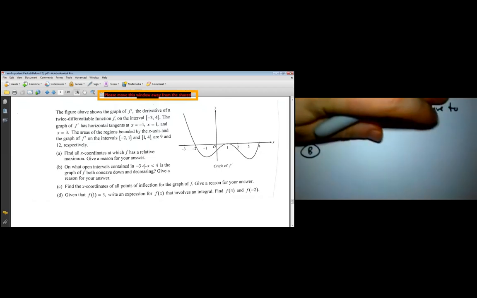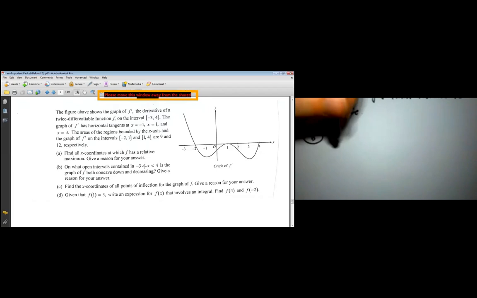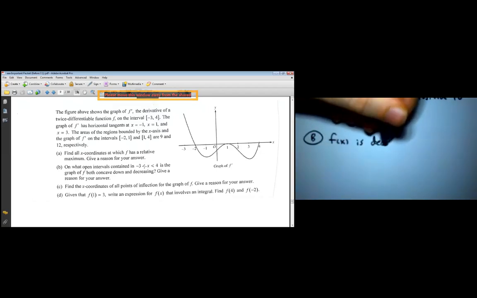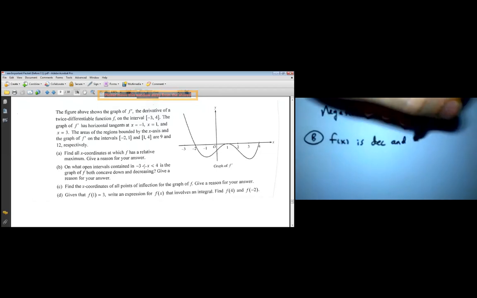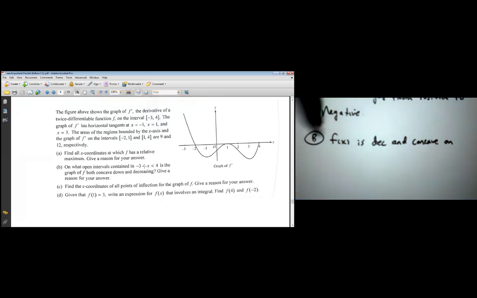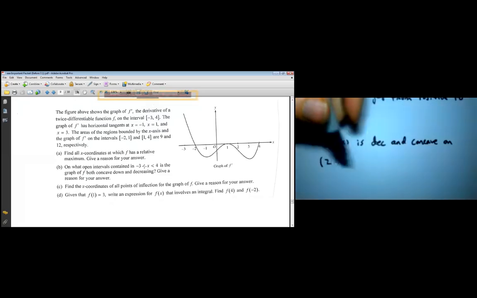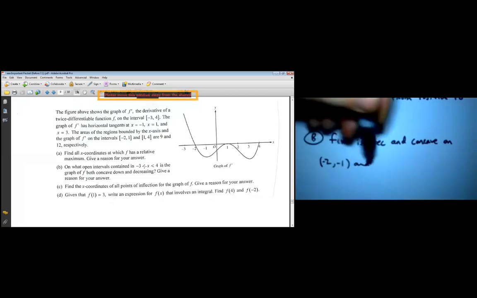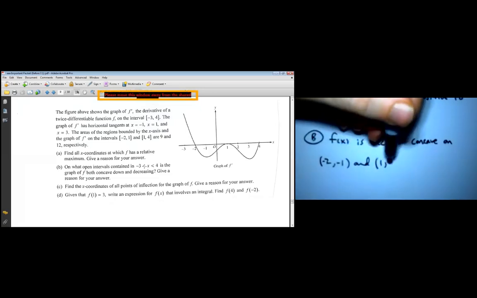Okay, that sounds good. All right, so now let's write this out and get full credit. F of x is decreasing and concave down on, what are my intervals? -2 to -1 and 1 to 3.